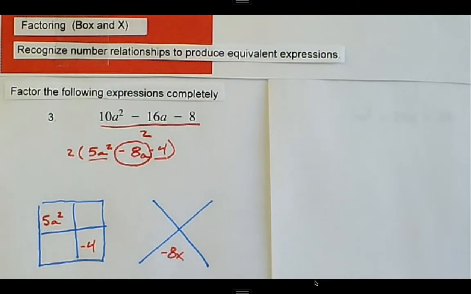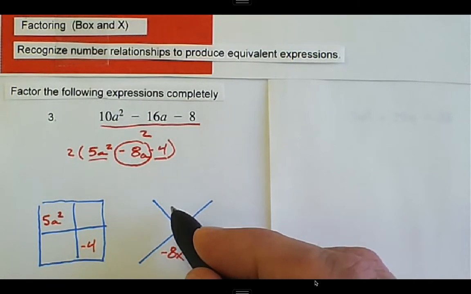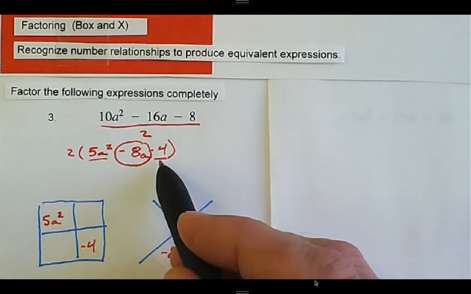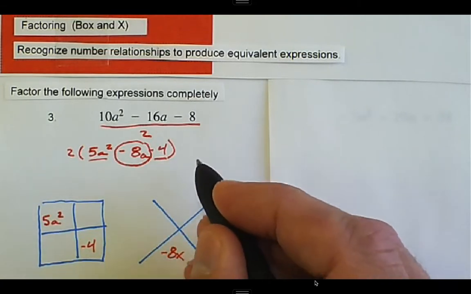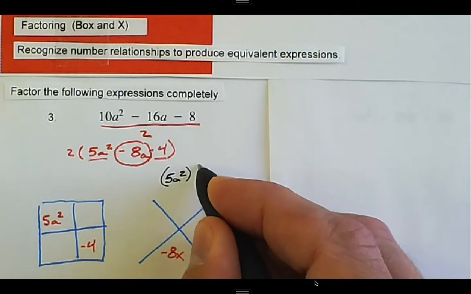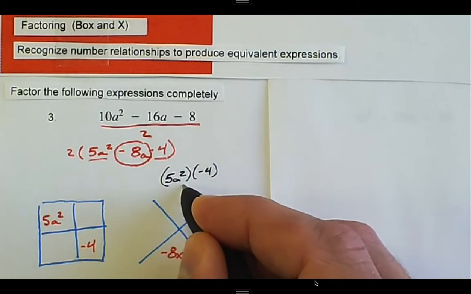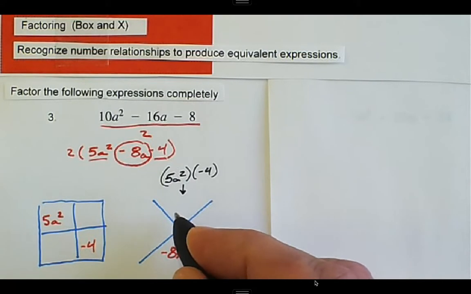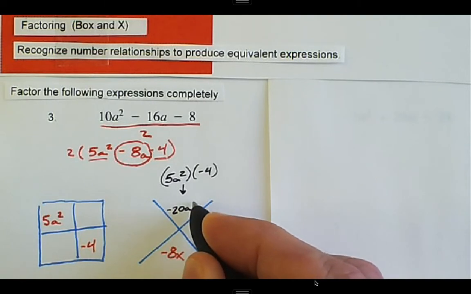The next ones we have to calculate. So what goes in the top box is 5a squared multiplied by negative 4. That fills the top space here. And in that case, it's going to be negative 20a squared.